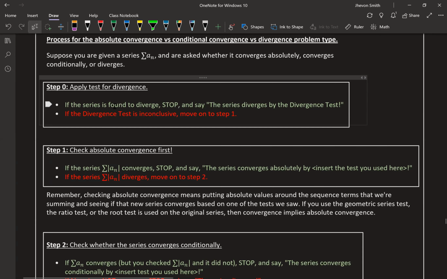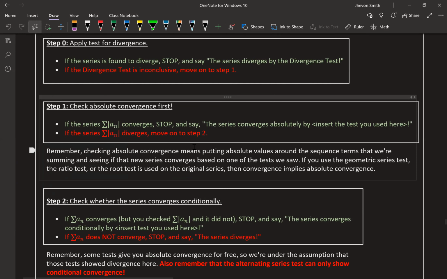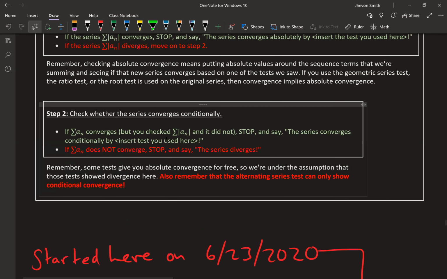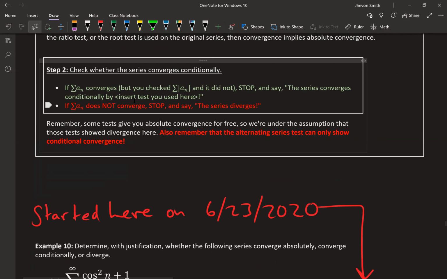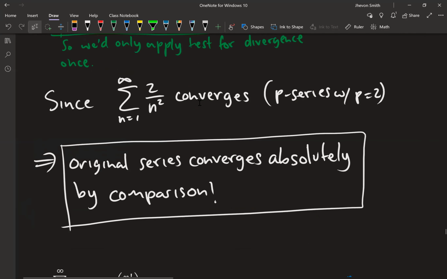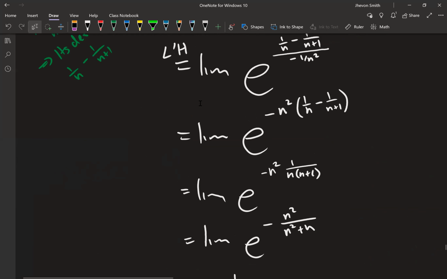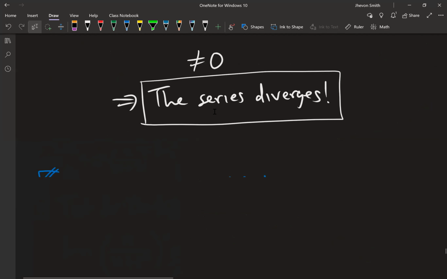It was inconclusive in this case. Then we checked absolute convergence, and guess what? It didn't work. We just got divergence. So now we have to move down to step 2. So this last problem, we had to go through all 3 steps. That's why I call it step 3, because there are 3 steps, but it's labeled step 2. So now I'm going to remove the absolute value and see, can I get it to work out now?